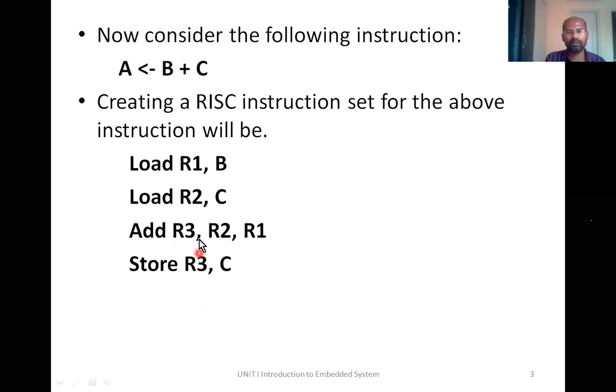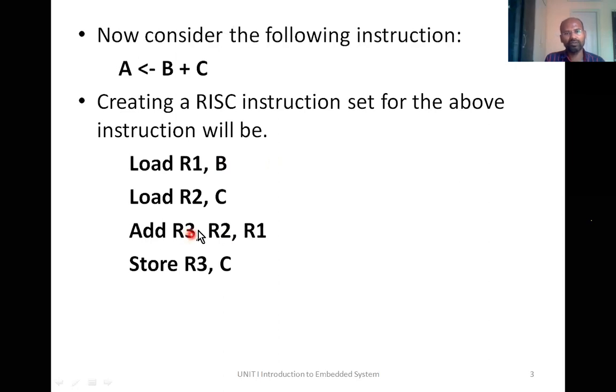There may be 20 registers or 30 registers or 40 registers, 50 registers. There are so many registers available in the RISC architecture. This is not the case with CISC. There are only a few registers present in the CISC architectures. Now R1 and R2 are added, and that result is stored in R3.